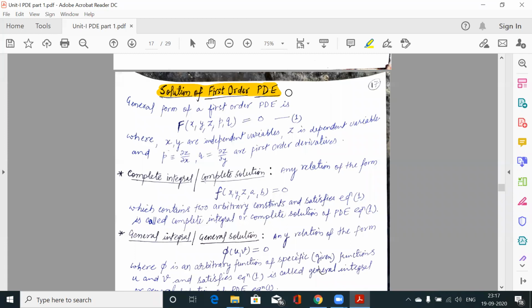So degree does not matter in this method. First order PDE means the partial differential equation which includes the first order derivatives only. And we know the first order derivatives del z over del x and del z over del y are denoted by small p and small q respectively.